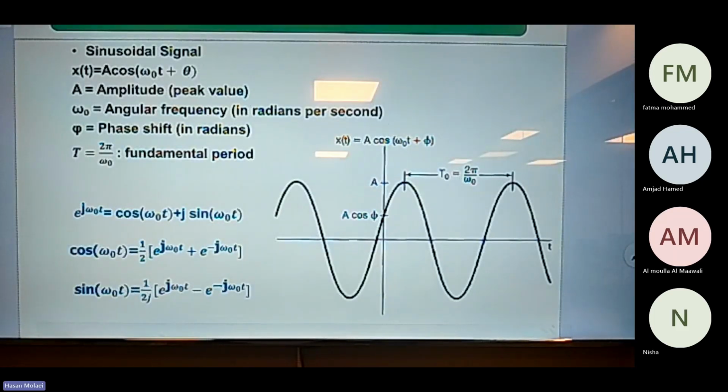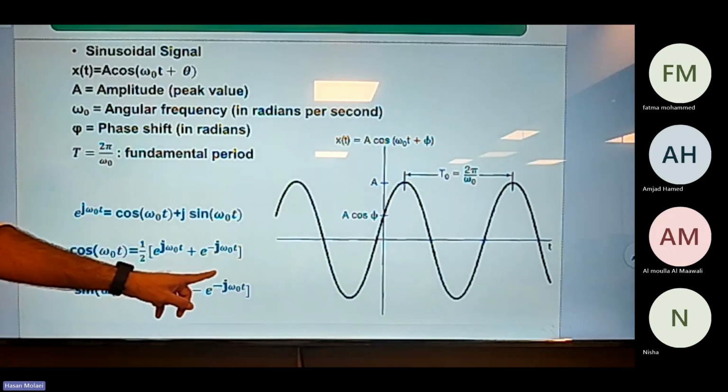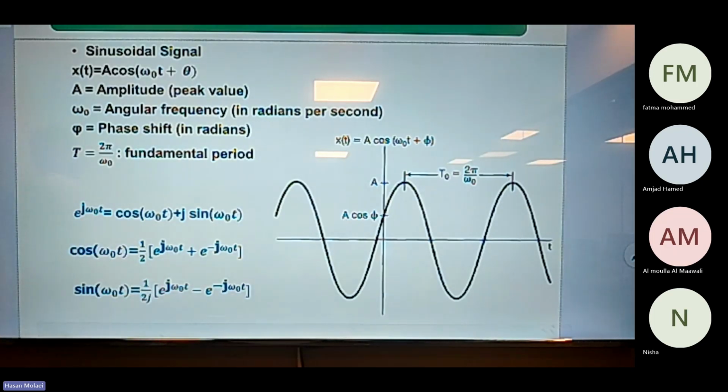Okay, let's continue with sinusoidal signals. You should memorize these three formulas. e to the power of j omega 0 t has a real part of cosine omega 0 t, and an imaginary part j sine omega 0 t. We can find cosine omega 0 t through e to the power of j omega 0 t using this formula, and find sine through the last formula.